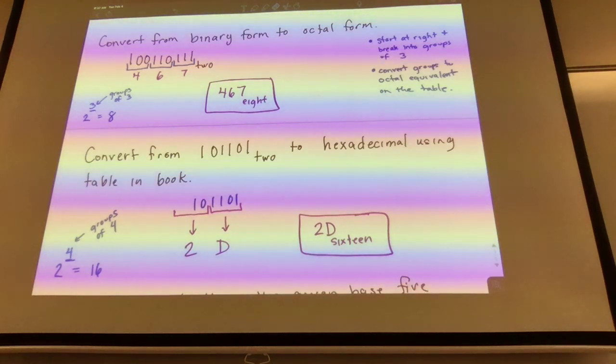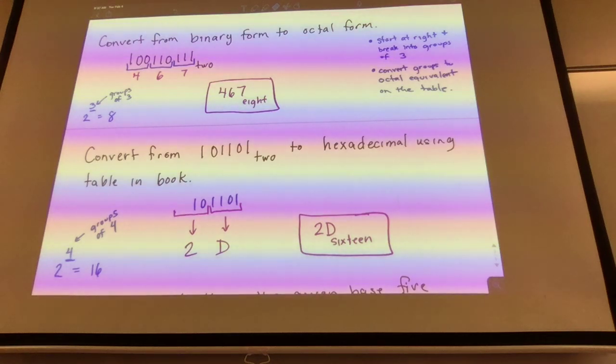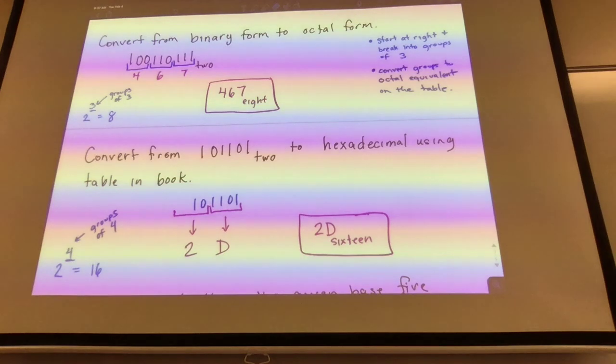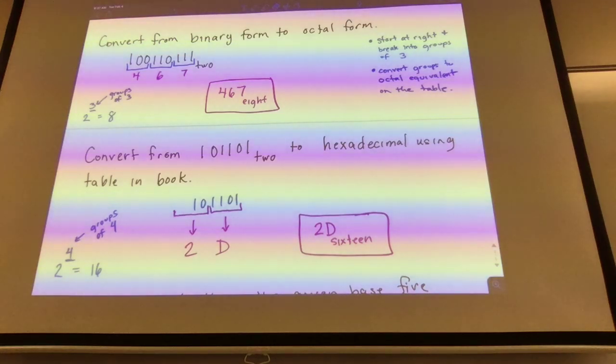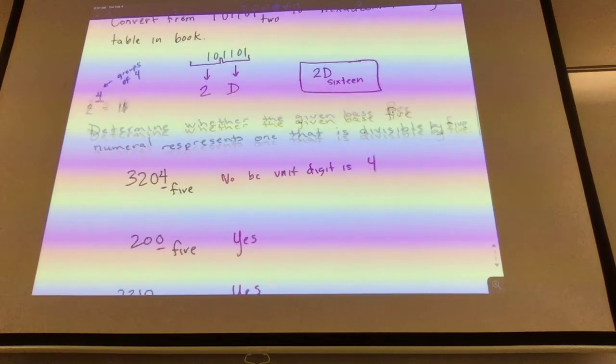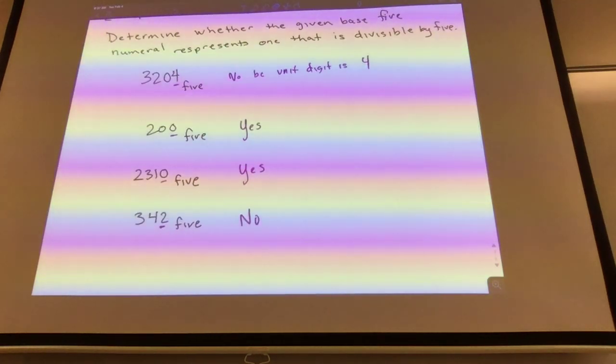You group it based on, if you go from binary, which is base 2, to octal, which is 8, you have to figure out what that power is. 2 to the what power would get you 8. Or in the second case, 2 to the what power would get you 16. And then you have to use a table for conversions there. And then sometimes they'll ask you about some divisibility stuff.